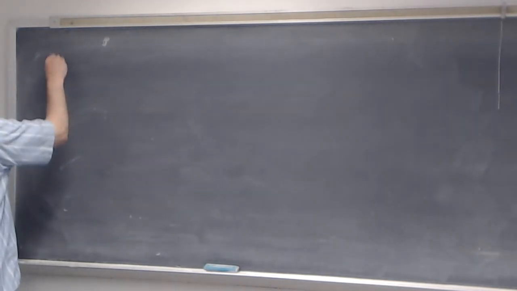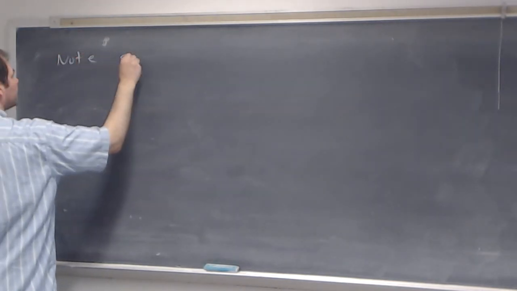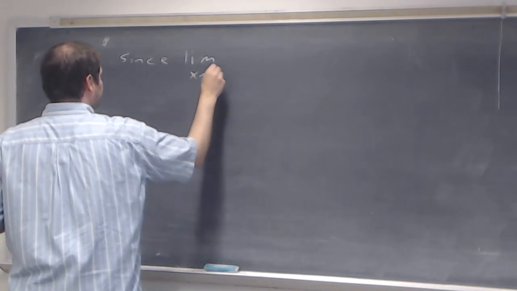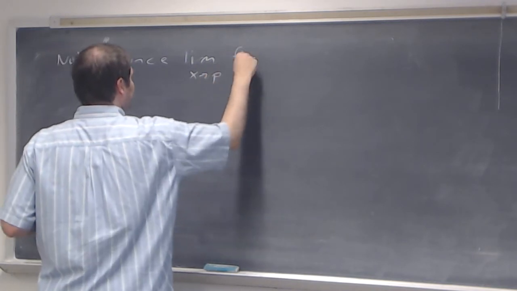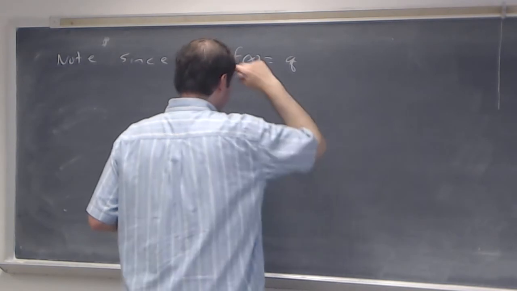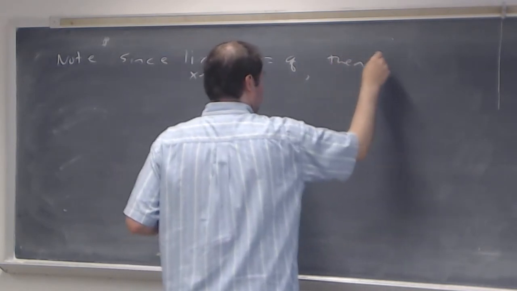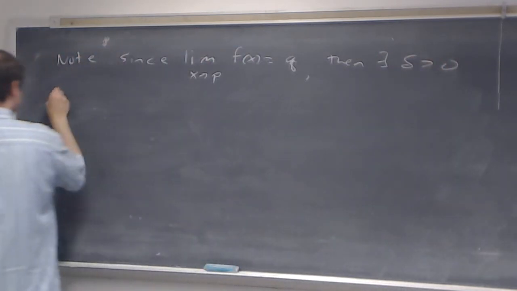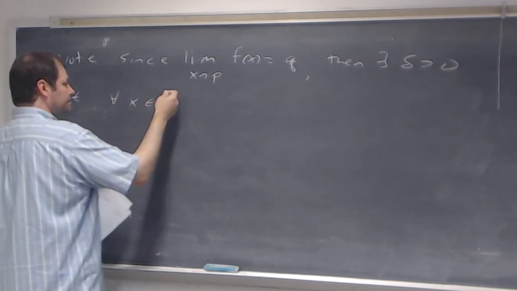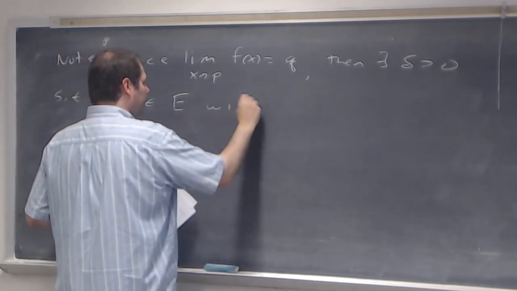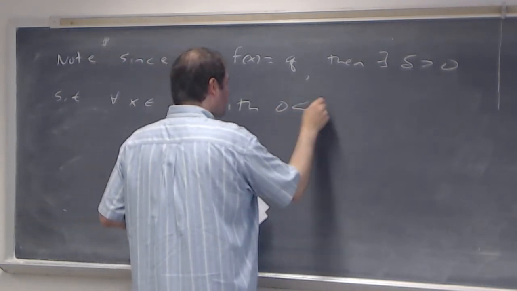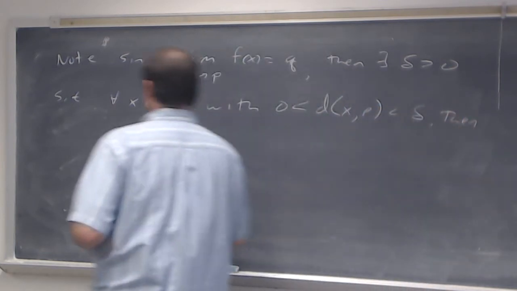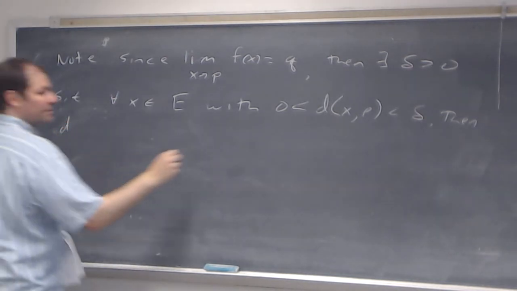But first, we know that since the limit as x goes to p of f of x equals q, that's what we're assuming, and we've been given an epsilon, then there exists a delta bigger than 0, such that for all x in E, with 0 less than the distance between x and p being less than delta, then that forces the distance in Y. Let me make sure I know where we are.